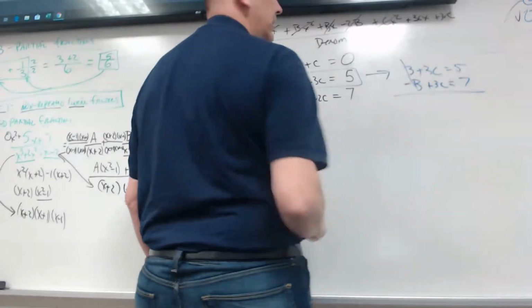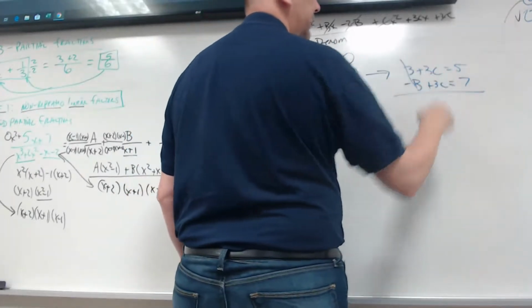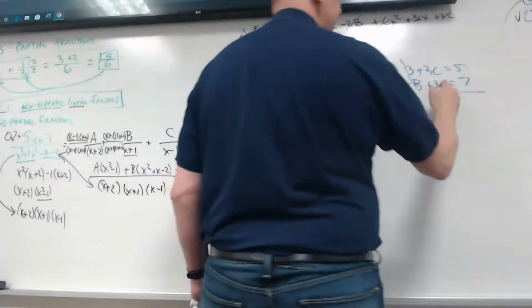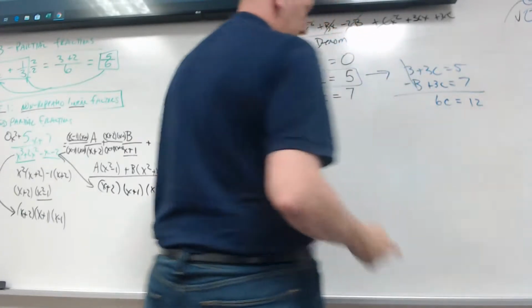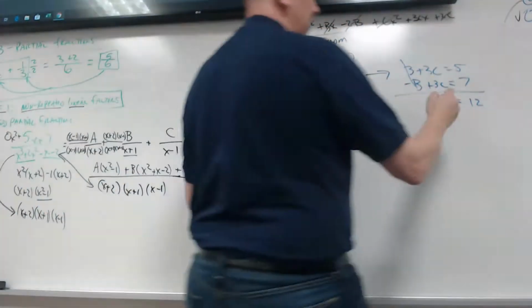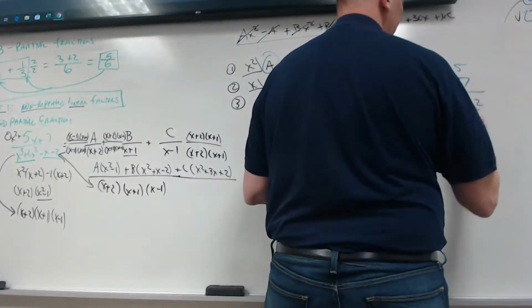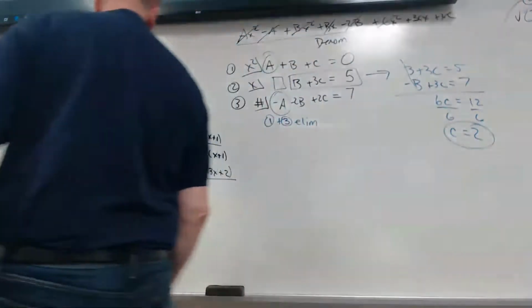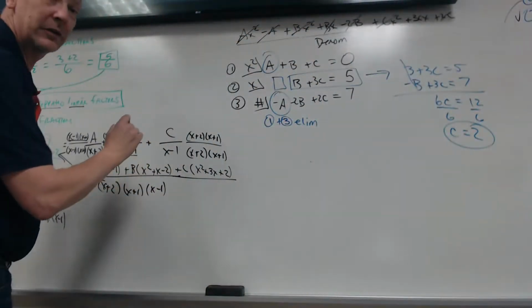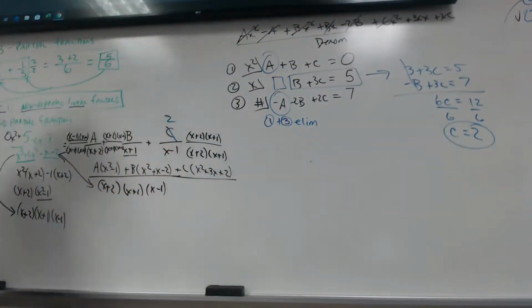Now the b's eliminate: 3c plus 3c is 6c equals 12. Divide by 6, c equals 2. So now I can cross this out, and that is now 2. I've got one of my partial fractions already.